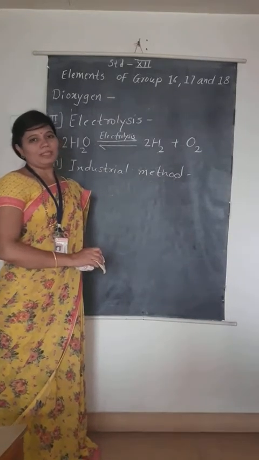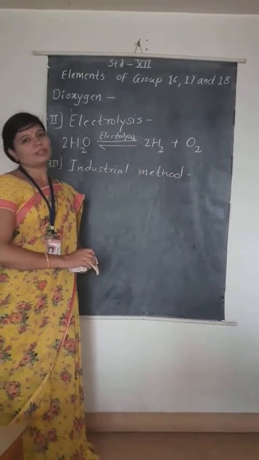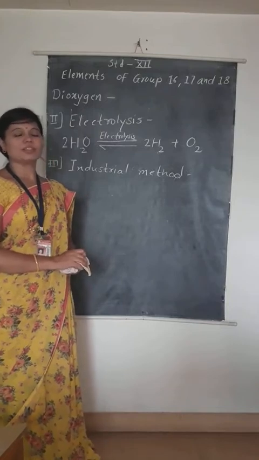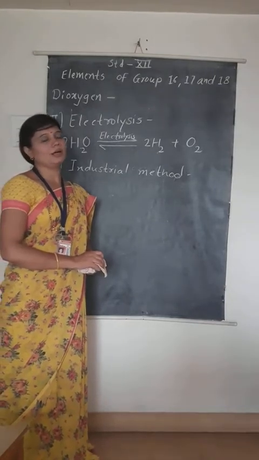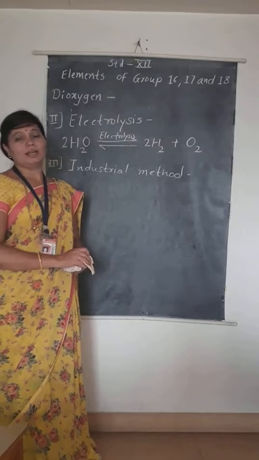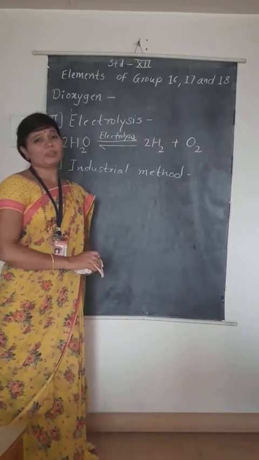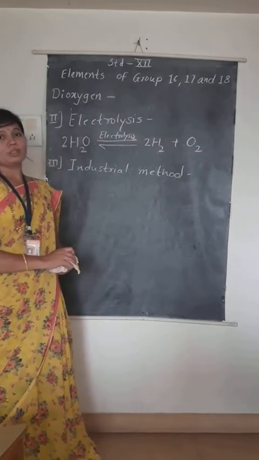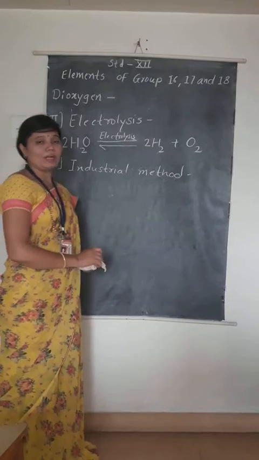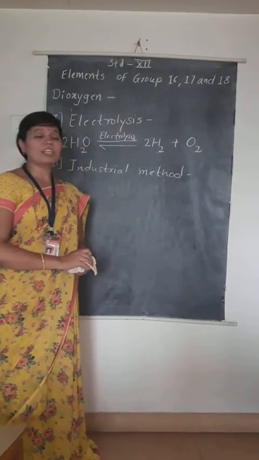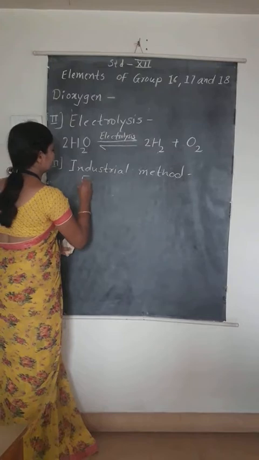The major components of the air are nitrogen and oxygen. The percentage of nitrogen in the air is about 78% and the percentage of oxygen in the air is nearly 21%.